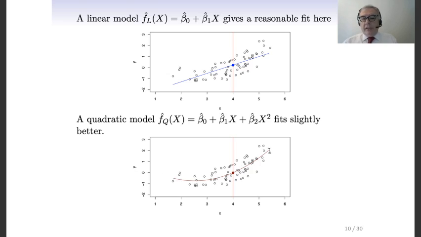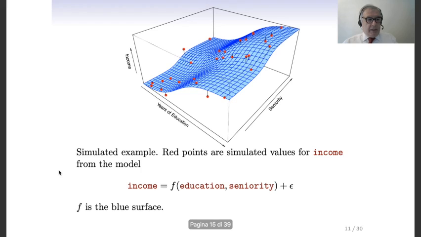It could be that this is closer to the true regression function that possibly is neither linear nor quadratic, but the quadratic function could be a better approximation.